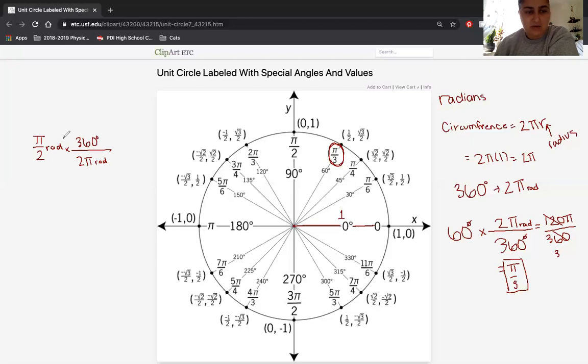This pi is going to cancel this pi, and because this 2's in the denominator and this 2's in the denominator, this turns into 360 degrees over 4. This becomes 90 degrees. We can check that by going over here: for pi over 2, the degrees equivalent is 90 degrees.